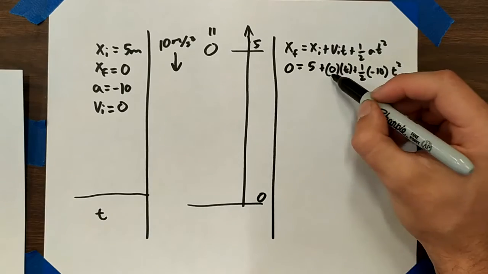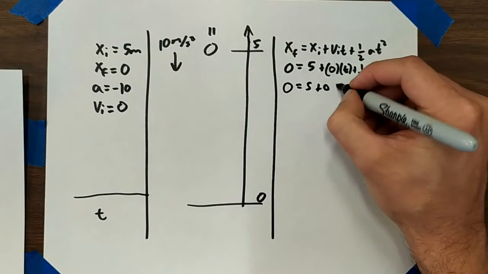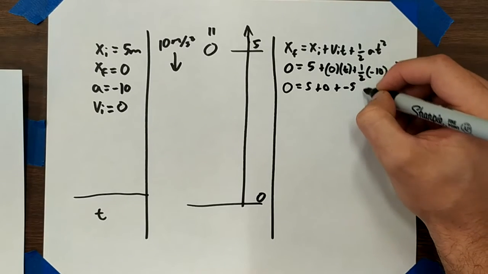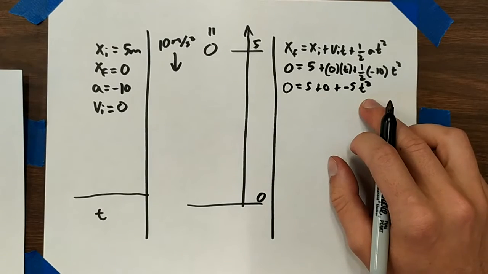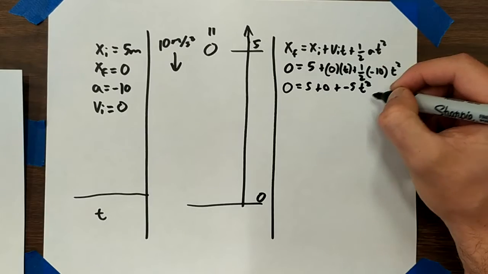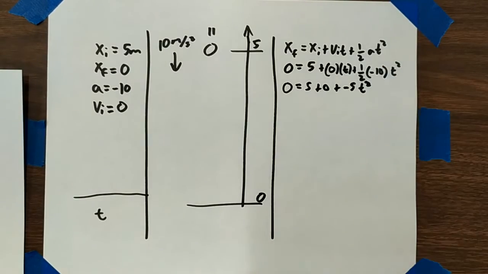Now I'll simplify it. So 0 times T is just 0, so I'll say 0 is equal to 5 plus 0 plus 1/2 times negative 10 is negative 5, and then T squared is going to stay at T squared. I'm trying to get T all by itself. I draw the T's with a little loop on the end just to make it look different from the plus signs. That can help.